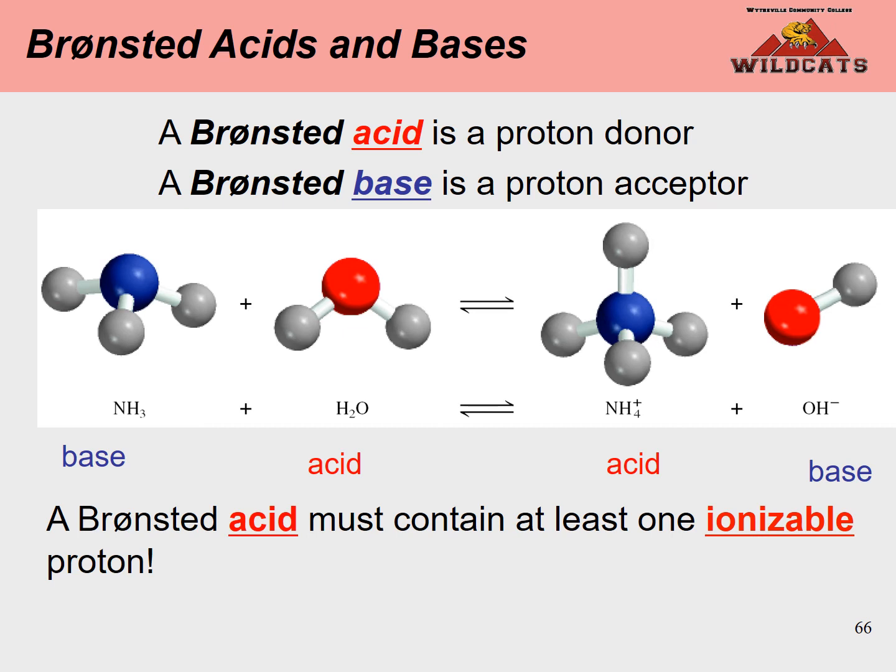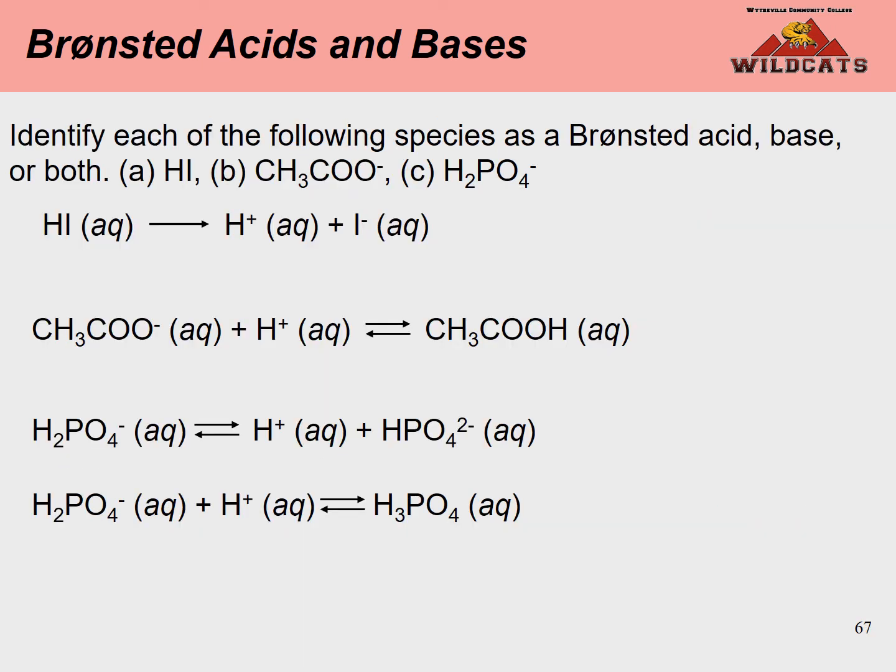Now, if you take a look at the bottom, you'll notice I've marked both acids and bases on both sides of this equation. So it says, identify each of the following species as a Bronsted acid, Bronsted base, or both. So HI is a Bronsted acid because it's donating its hydrogen.